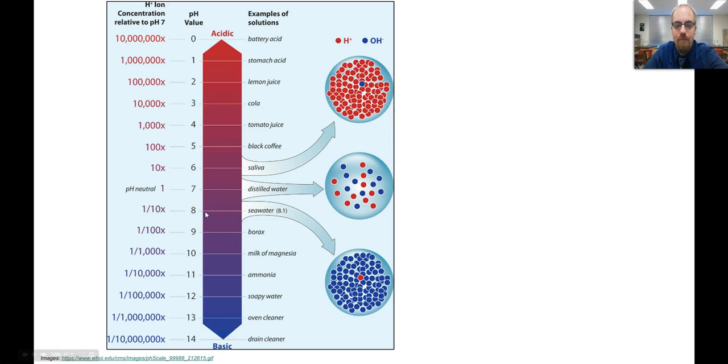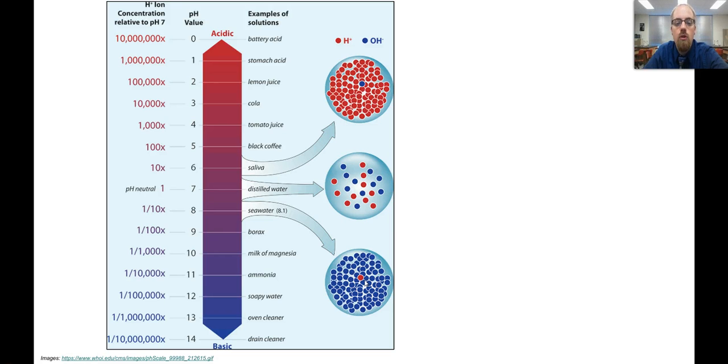But what does that mean? If we look at what's really going on in those solutions, the more acidic a solution is, or the lower its pH value, the more concentrated its hydrogen or hydronium is going to be. So the more hydronium there is in a solution, the lower the pH is going to be. Similarly, the higher the pH, the more hydroxide there's going to be.